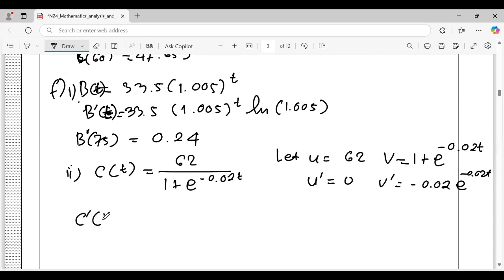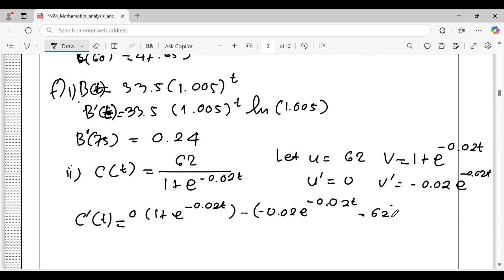And then the derivative of C equals 0 times (1 plus e^(-0.02t)), which is 0, minus (-0.02 e^(-0.02t)) times 62, over C squared, this one squared. I'm going to write C squared.